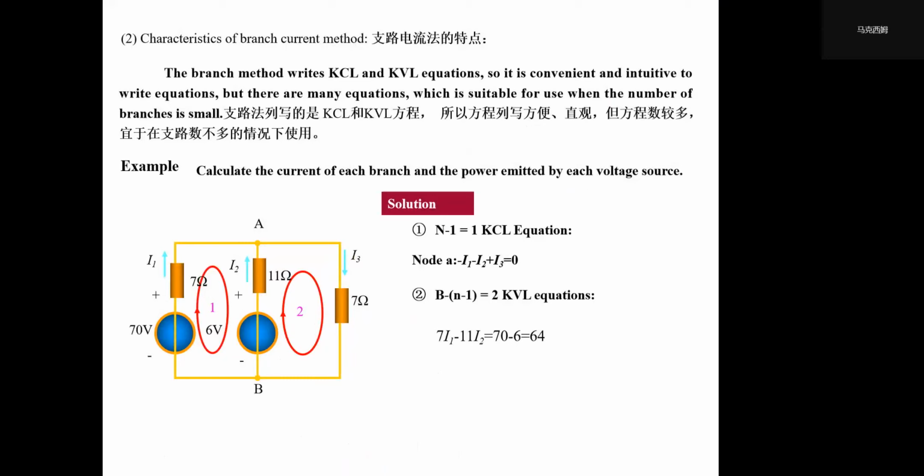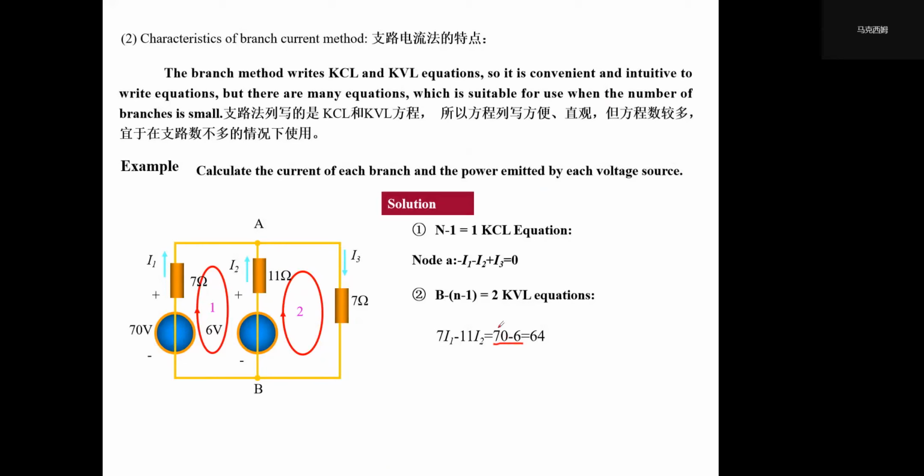The voltage on resistor 1 minus the voltage on resistor 2 equals 70 minus 6. See, we have two voltage sources, and their reference directions are not associated with each other.